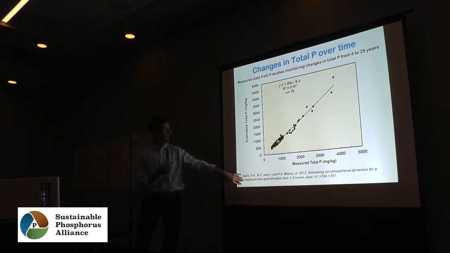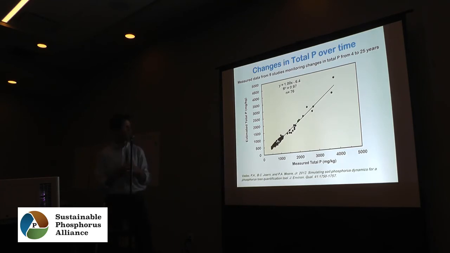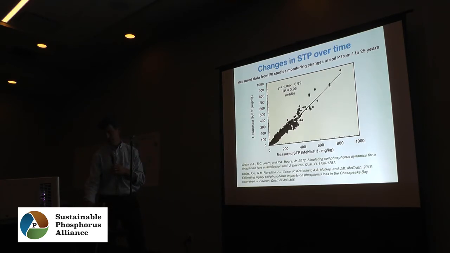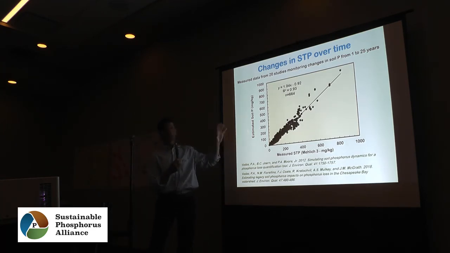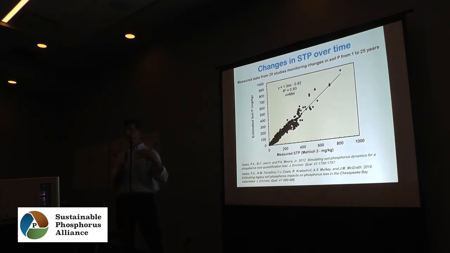We have some of that data here for 76 different situations. And then changes in soil test P. So this is really that change in labile P through time. There's a lot more data out there on just changes in soil test P over time, so nearly 700 data points here.